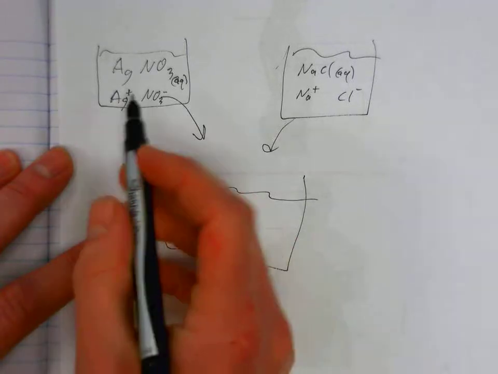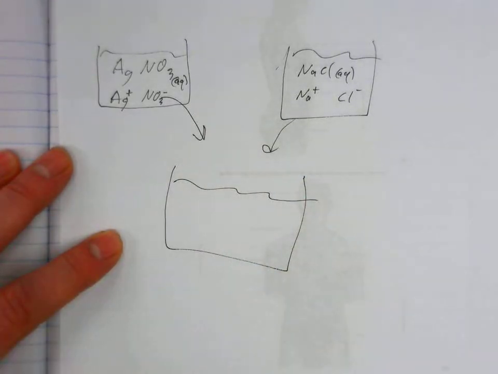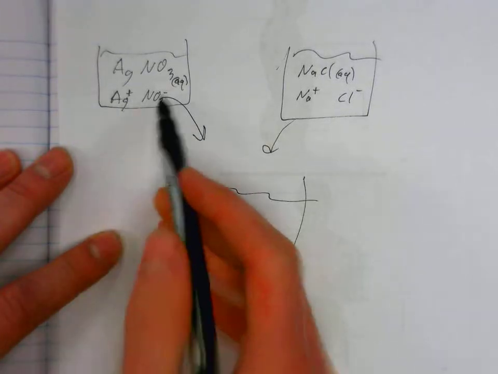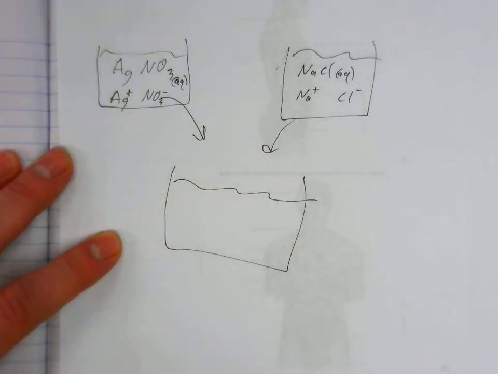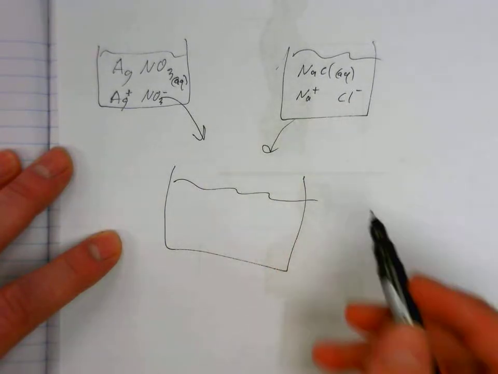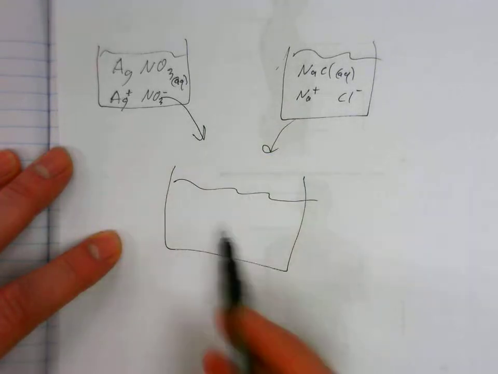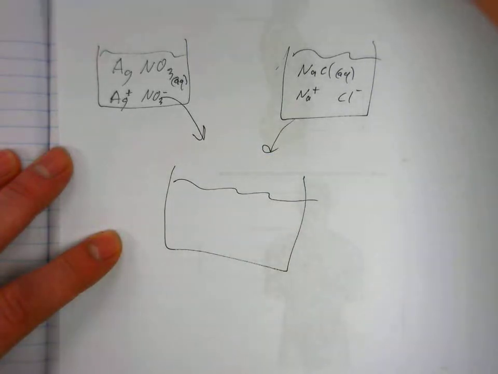Do we continue to have silver and nitrate and sodium and chlorine ions floating around, or perhaps could a reaction happen? Now, although silver and nitrate together are soluble in water, and sodium and chlorine are soluble in water as ions, when the two are added together, new combinations can form.